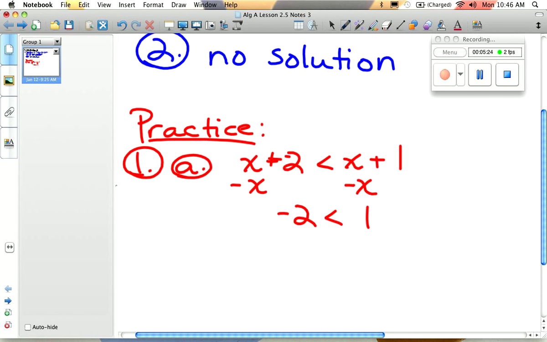We have no x's in our statement here, do we? When our variable, whether it's x or whatever variable it is, disappears totally like it did here, and we just end up with a mathematical statement, now we have to evaluate, is that true or is that false? Negative 2 is less than 1. Is that a true or false statement? True. That is true. So let's put true.